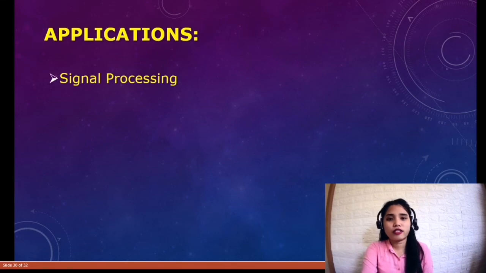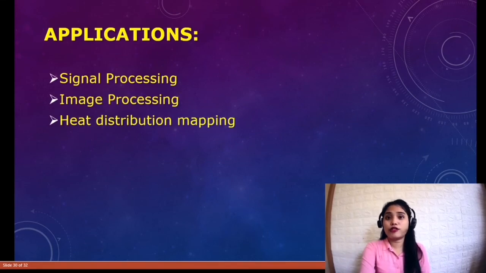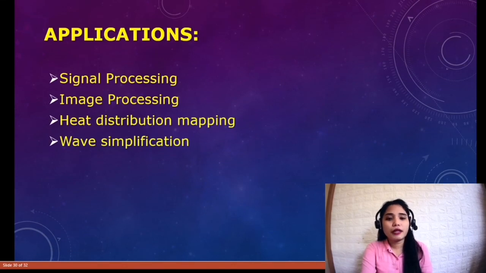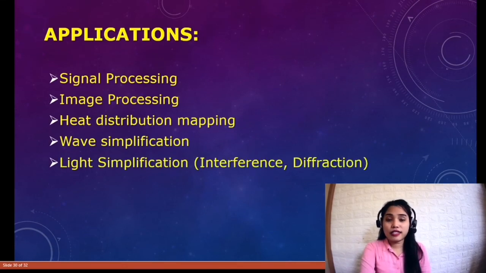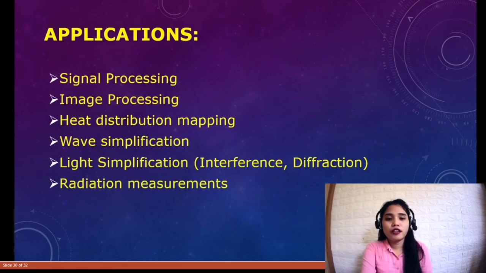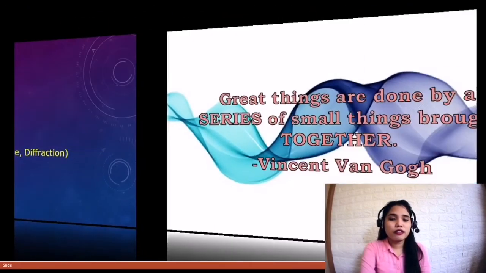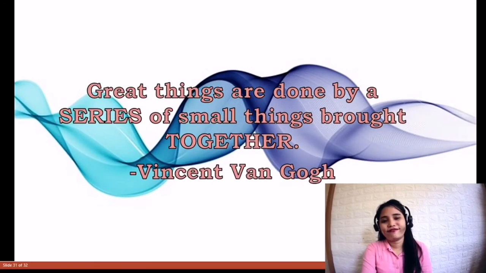So we have signal processing, image processing, heat distribution mapping, wave simplification, light simplification, interference, diffraction, radiation measurements, and so on. Remember, great things are done by a series of small things brought together. By Vincent van Gogh.